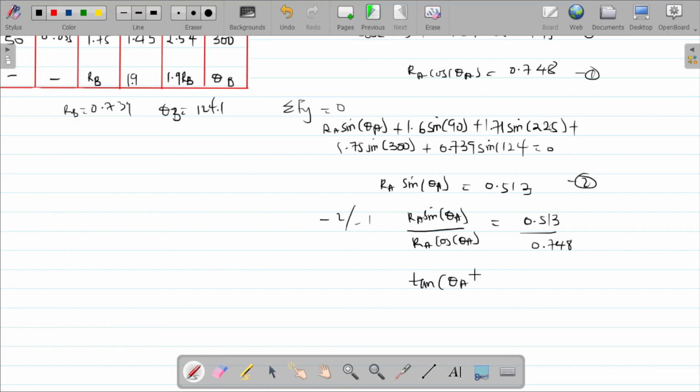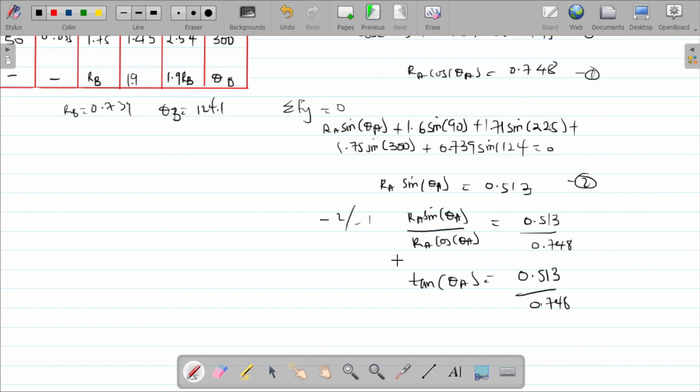So tan theta A is equal to 0.513 over 0.748.